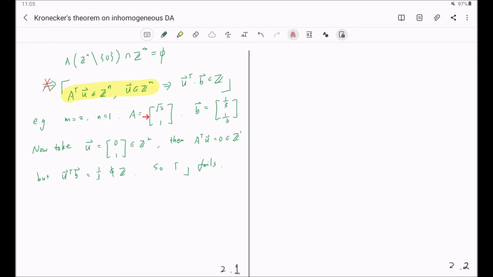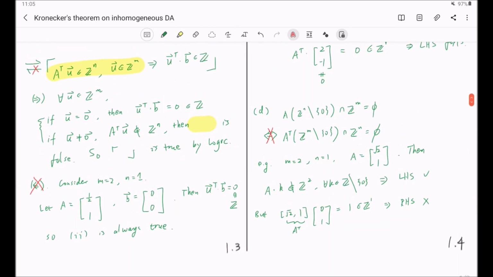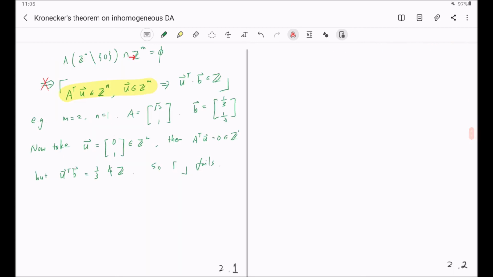But as we have shown in here, the left hand side holds in this example. Because the second statement in the Kronecker theorem fails.